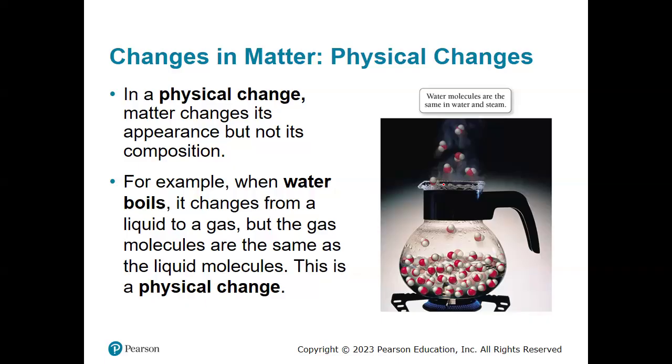Liquids, everything's all clumped together and clustered and touching each other. In gases, they're all far apart from each other. What is the difference? Why do we see that in general? Main difference is energy. The energy of the molecules in the gas phase is way higher than the energy of the molecules in the liquid phase. And if we heat it up, we can provide that energy enough to get that change to take place.